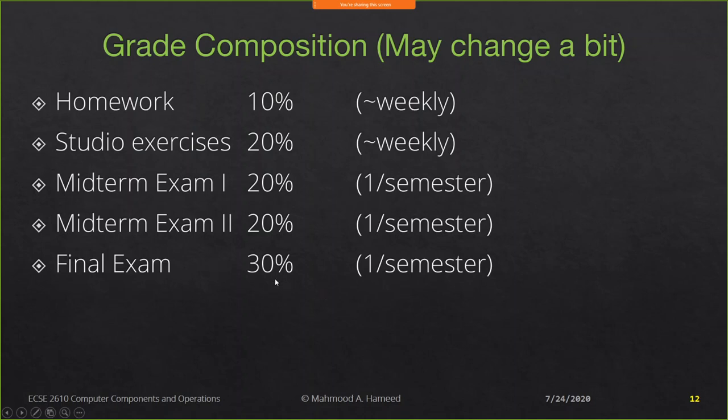It is 30%, which is a little too much for one assessment. I'm looking at ways to have one more midterm exam to help reduce the weight on the final exam. But these are the numbers I have in mind right now.